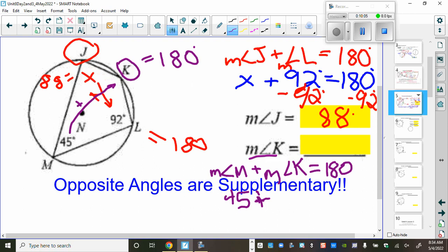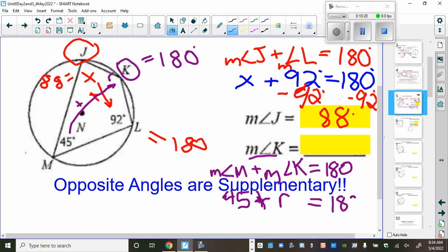Somebody pick another letter. Any other letter except for J, K, L, M or O. Perfect. We'll go little r. So 45 plus r, we'll say, is 180.